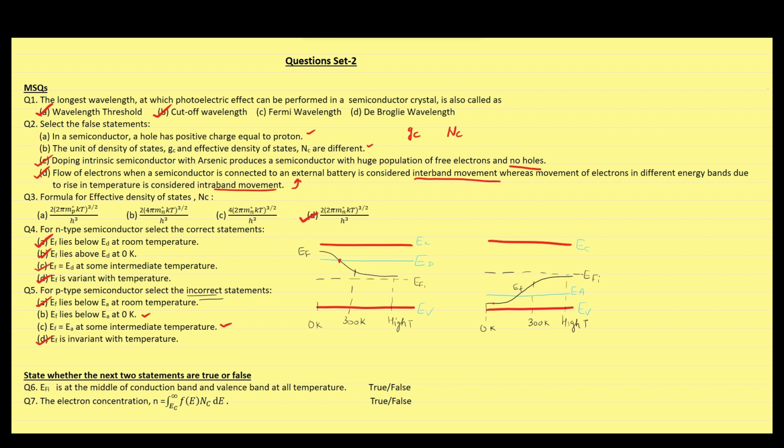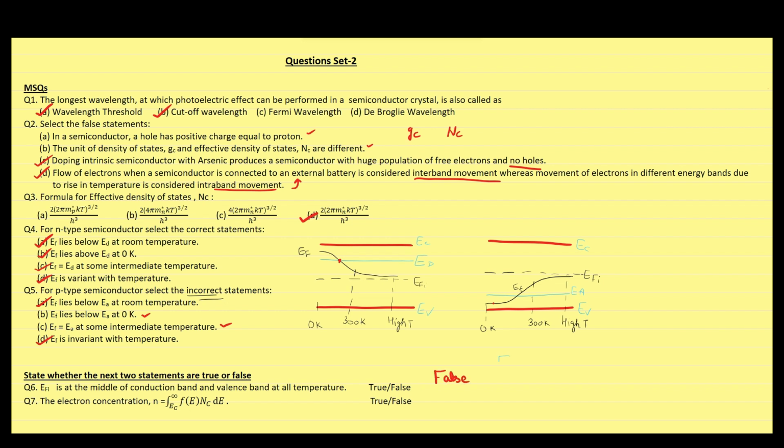Now we have two statements and we have to tell whether these statements are false or true. Intrinsic Fermi energy level EFI is at the middle of the conduction band and valence band at all temperatures. This is false.